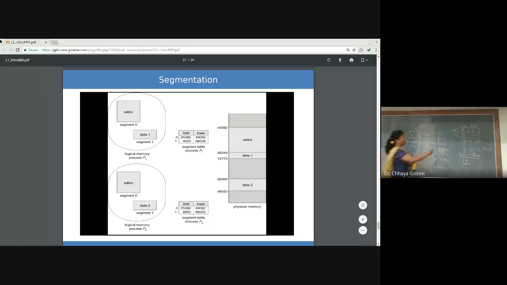So 1 will point here. So 300. So it will point to this segment. Physical address is 300 plus 60. Now 300 plus 60 is going beyond this line 350. So this is an address violation error. The size of that segment is just 50.